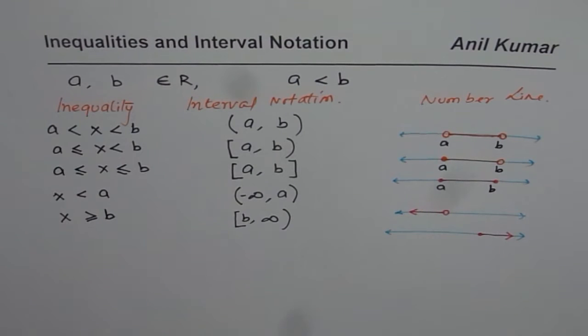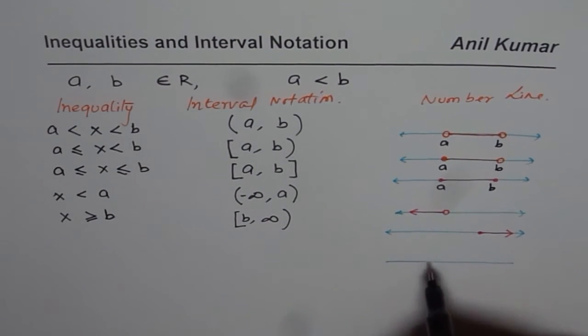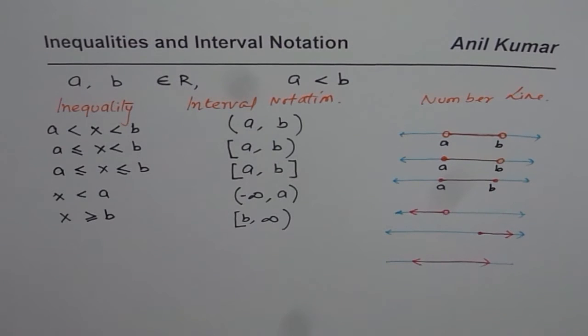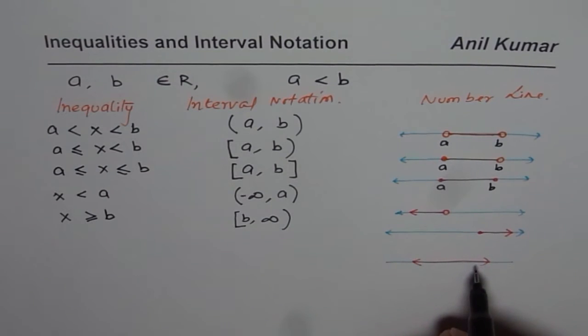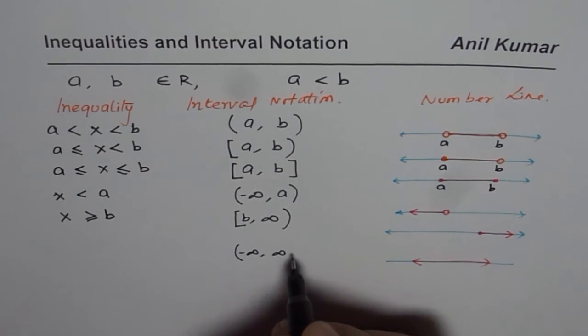Well, there are a few special cases. That is to say that if I have to represent the whole line, meaning everything in between, in that case, what do I do? Now, that means that all the points are included. That means the interval is from minus infinity to plus infinity, right?